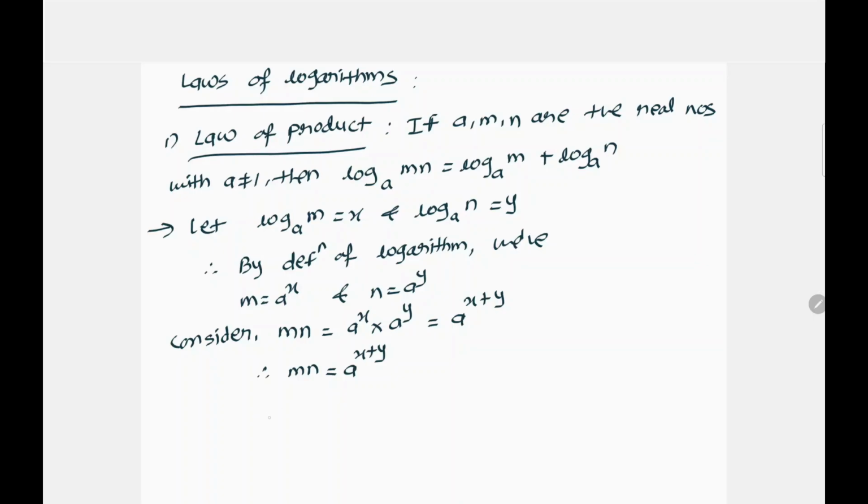So this logarithmic form is nothing but log mn to the base a is equal to x plus y. And what are our x and y? x is log m to the base a and y is log n to the base a. Substitute their values. So log m to the base a plus log n to the base a. Hence proved. Second, law of quotient.